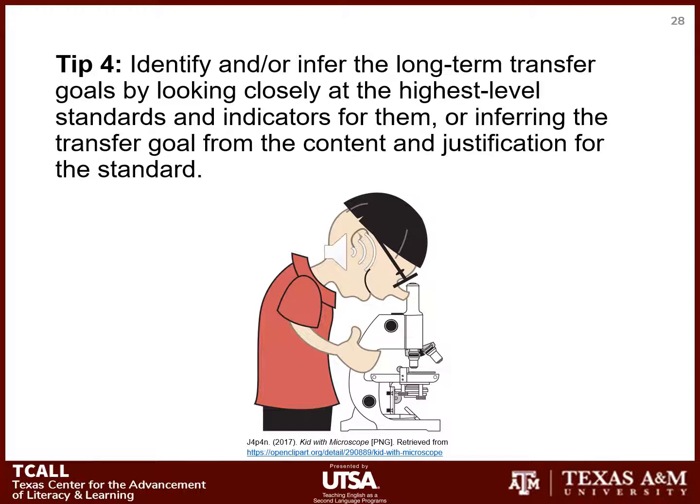In other words, even if you're working with low beginning students, one of the things you want to be thinking is where they're going to be going next as they develop more language. So even again, if you're working with low beginning students, you want to look at the intermediate benchmarks and at the advanced benchmarks and at the standards to have a target in mind that you're building towards.